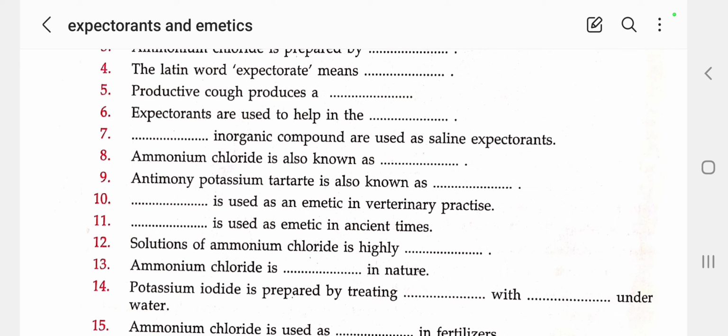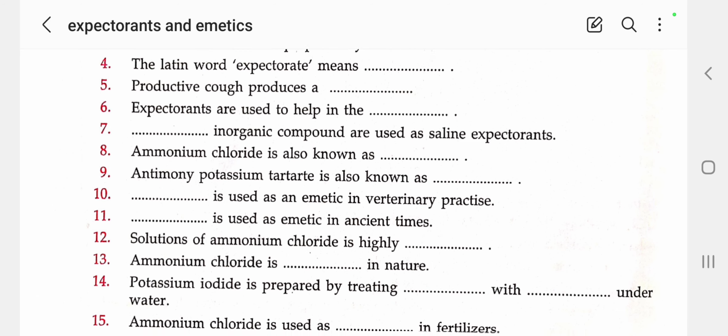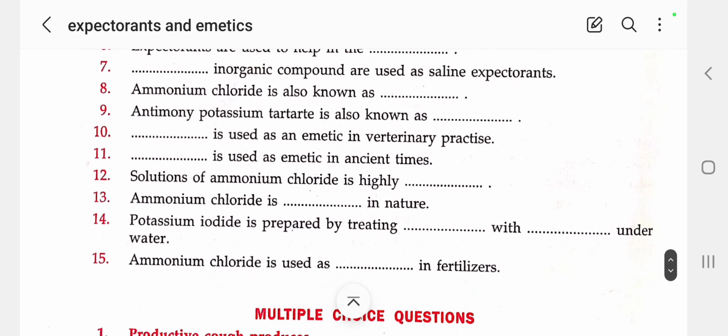Next, the solution of ammonium chloride is highly acidic. And ammonium chloride is hygroscopic. So hygroscopic is nothing but if you keep it in open air condition, it takes up water from the air, that is known as hygroscopic in nature.